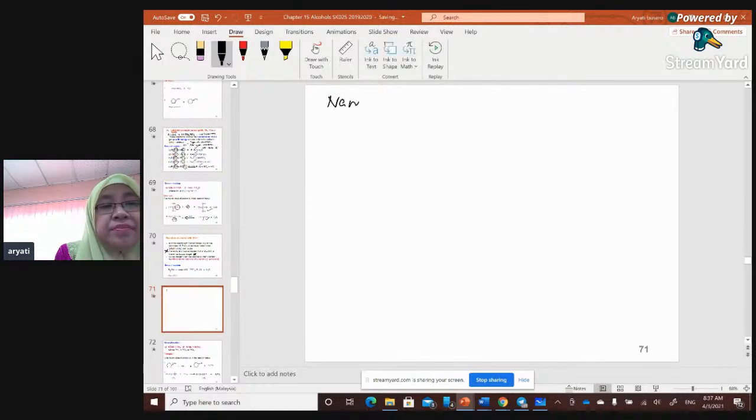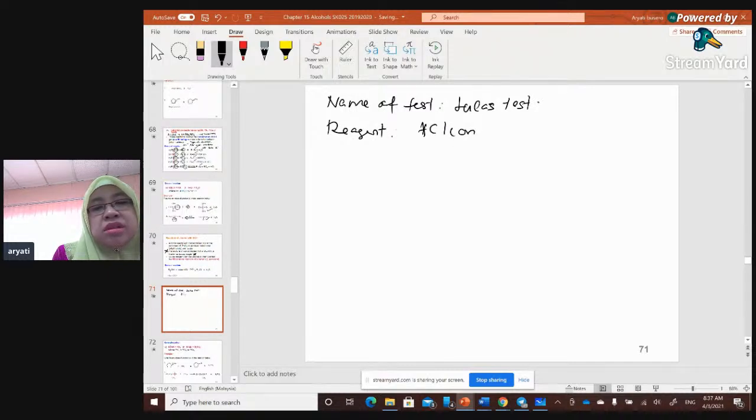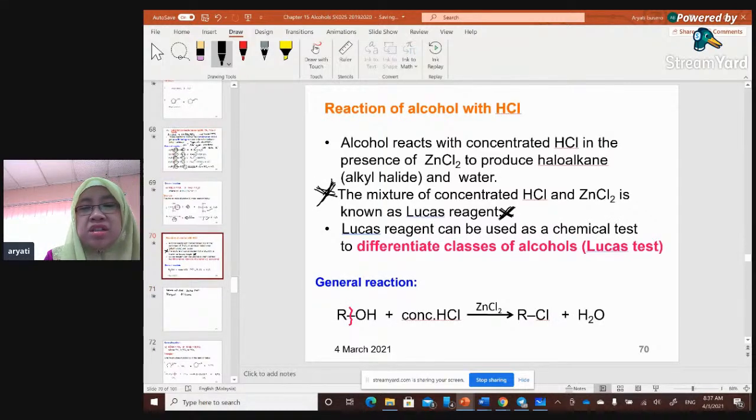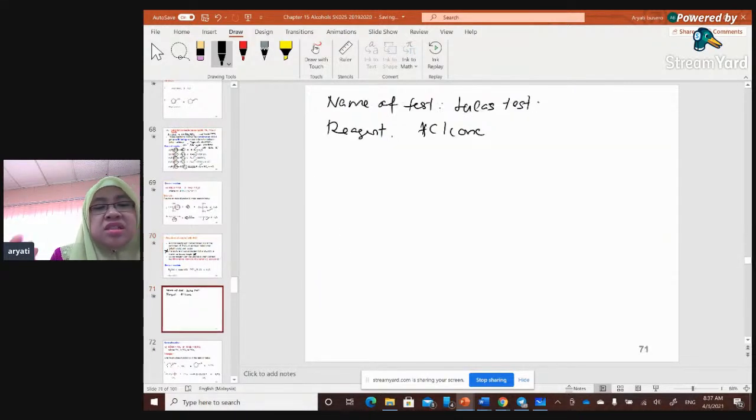The name of test is Lucas. So the reagent is HCl concentrated. ZnCl2. Actually, ZnCl2 is the catalyst.